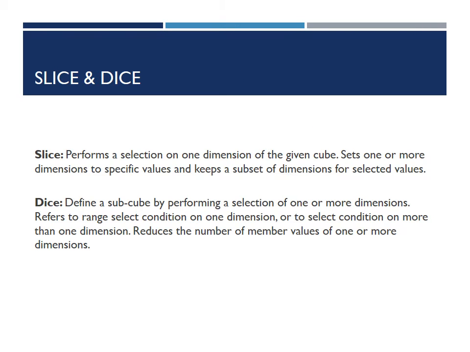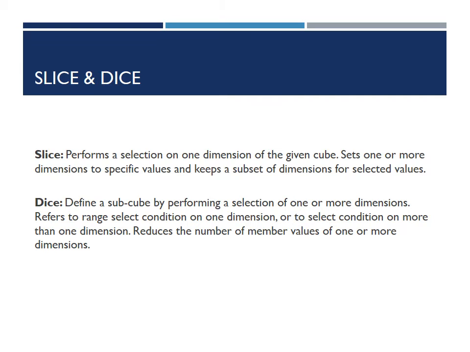Slice and dice. Slice performs a selection on one dimension of the given cube. It sets one or more dimensions to specific values and keeps a subset of dimensions for selected values. Dice defines a subcube by performing a selection of one or more dimensions. It refers to a range select condition on one dimension or to select condition on more than one dimension.